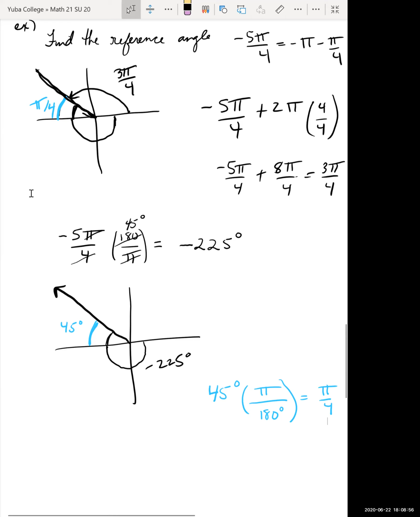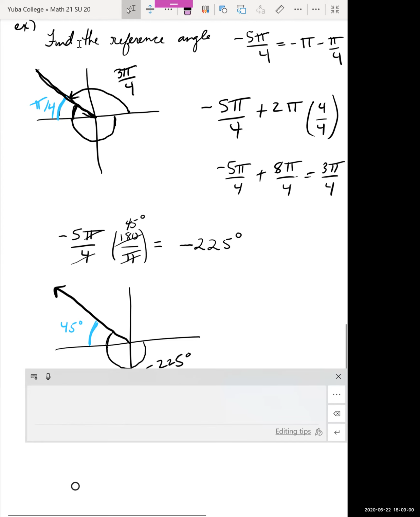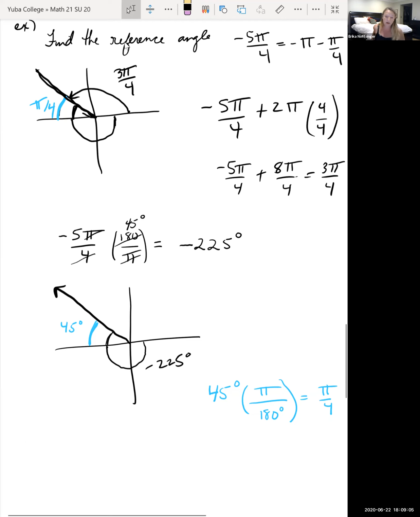Yeah, I messed up on the negative 225. I added 360. That would give you the coterminal angle if it had asked for one, but it wouldn't have given you the reference angle. When you added that 360, it would have given you this angle right in here, which is not the reference angle because it's over 90 degrees.